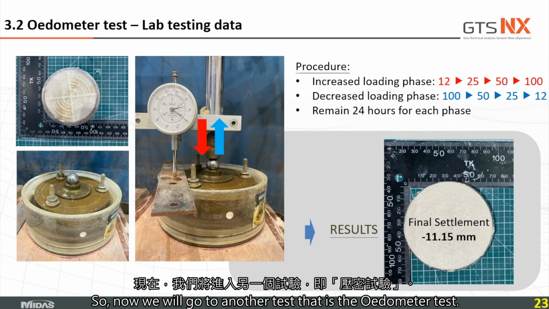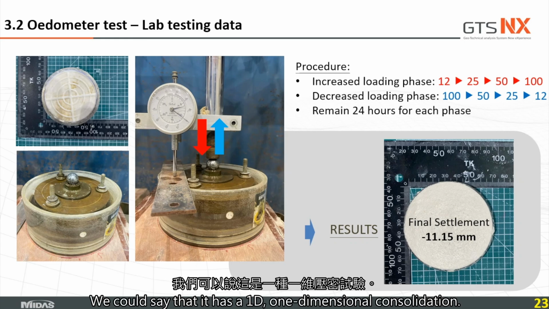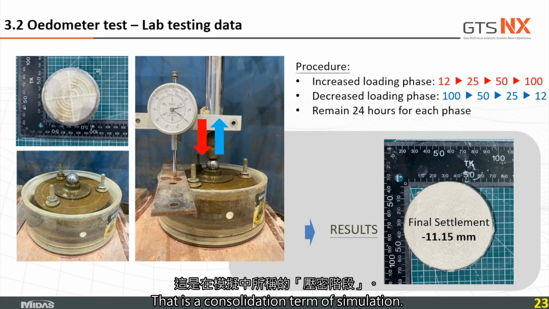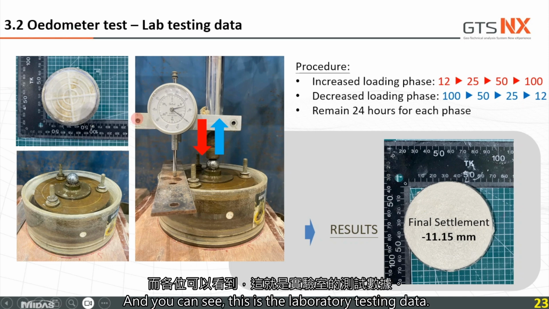So now we will go to another test, that is the Oedometer test. We could say that it is a 1D, one dimension consolidation. That is a consolidation type of simulation. And you can see this is the laboratory testing data.